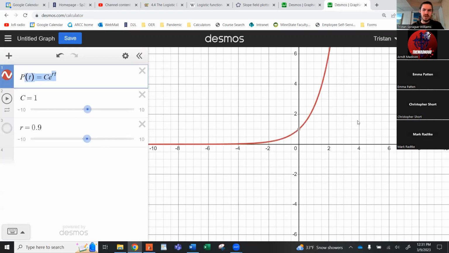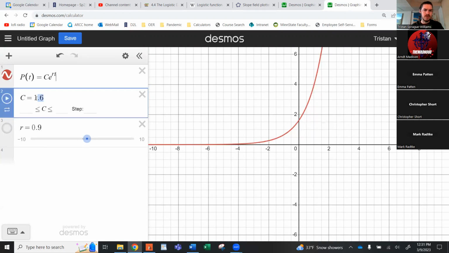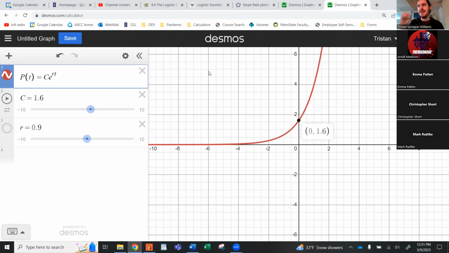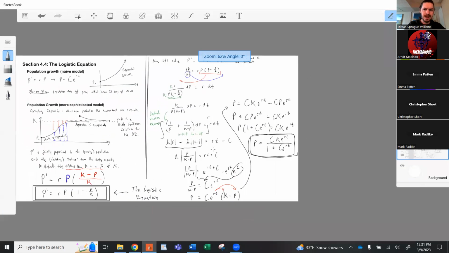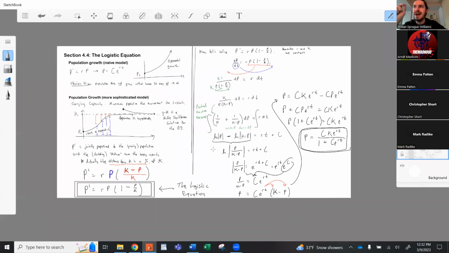Okay, when we had the original exponential growth, the C value was exactly equal to the initial value, right? Because when you plug in 0 for t, you get e to the power 0, which is 1. So then C equals initial population. But our new version of our population model does not have that property. C does not equal the initial population. So maybe what we want to do is try to adjust this formula. This is a fine formula, I guess, but it would be better if it had the initial population in it as one of the parameters.